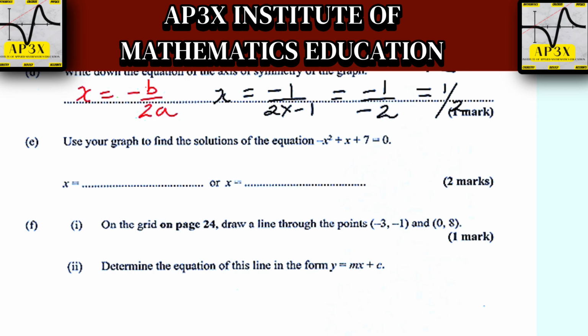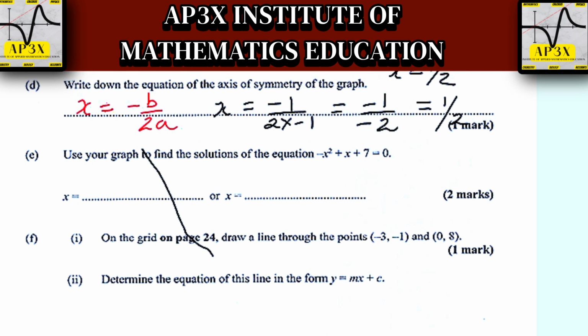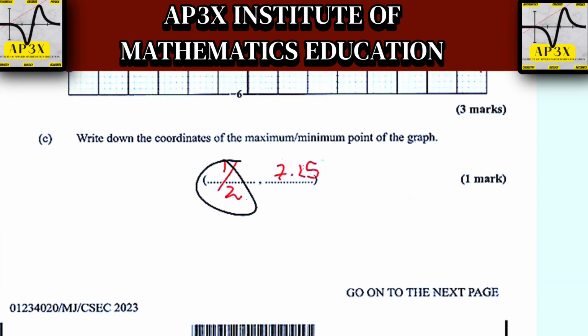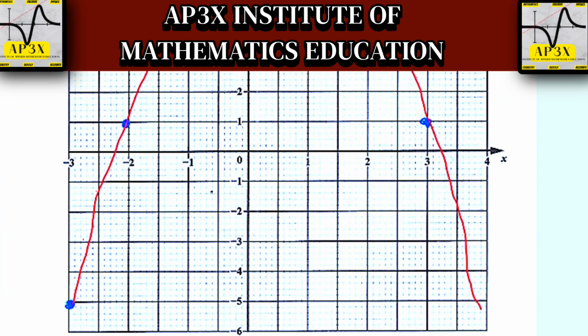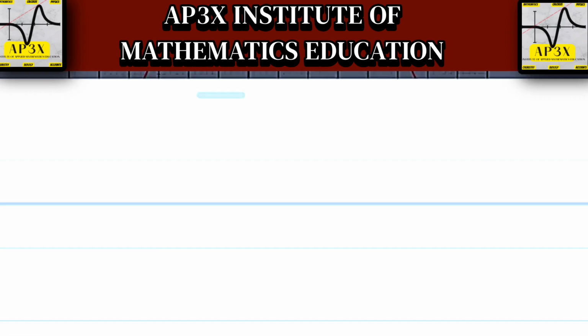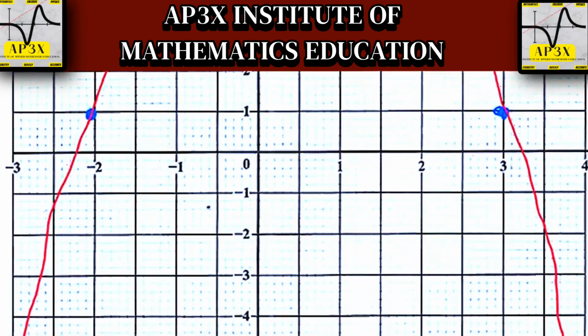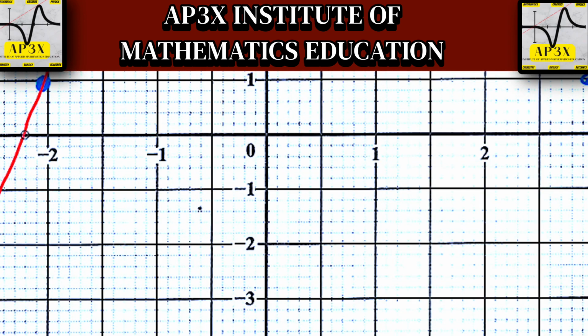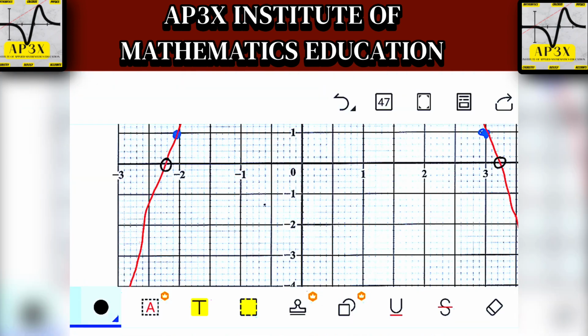In other words, they're asking for the roots of the quadratic equation, the intercepts on the x-axis. One is right here, and one is all the way over here, where it crosses the x-axis.